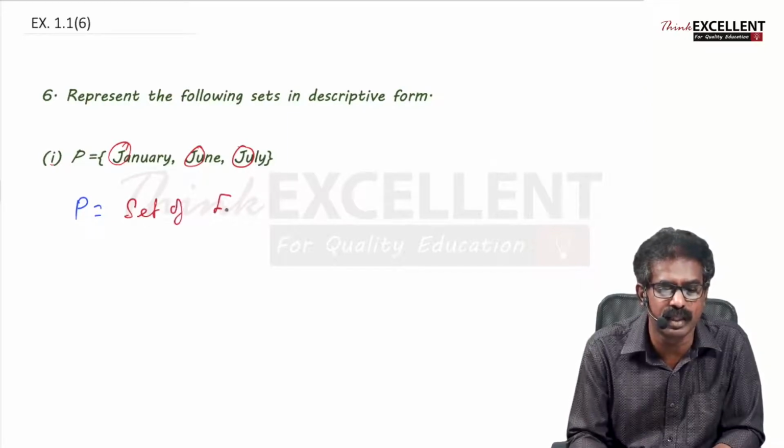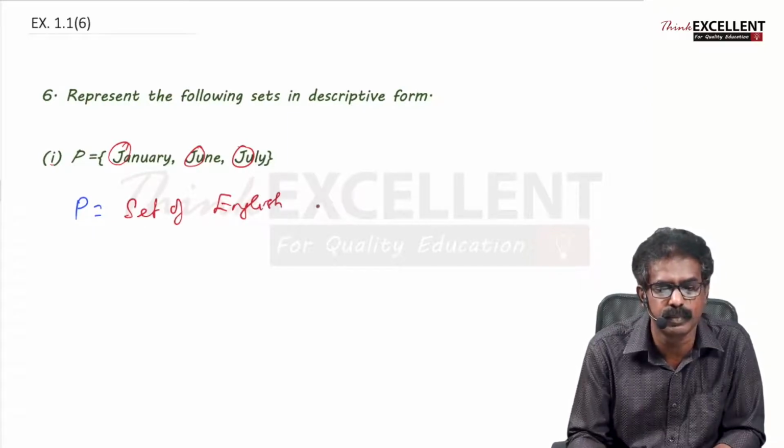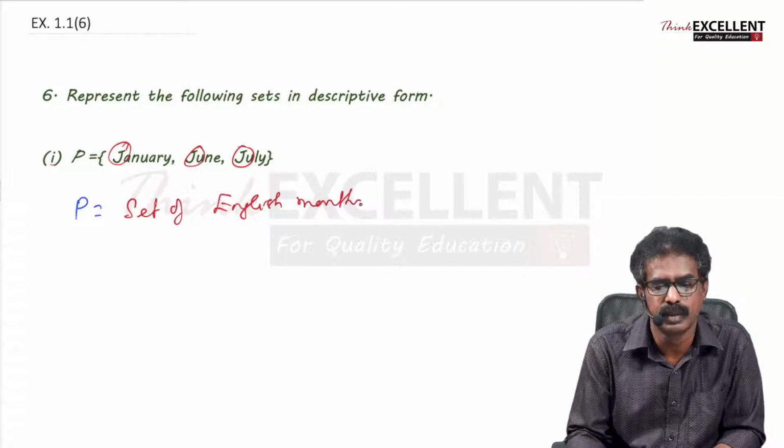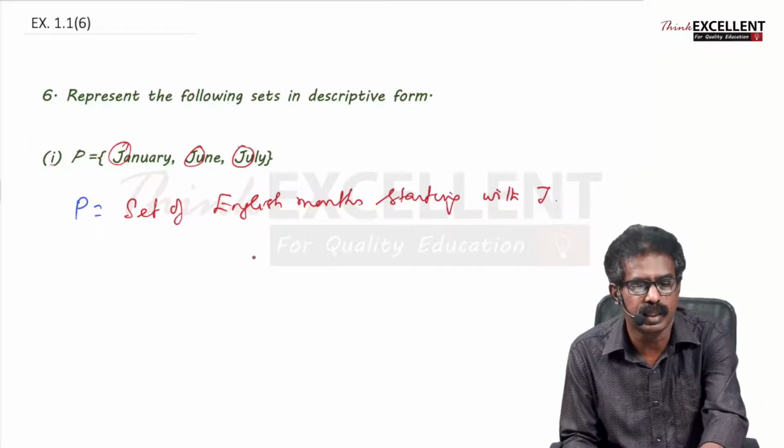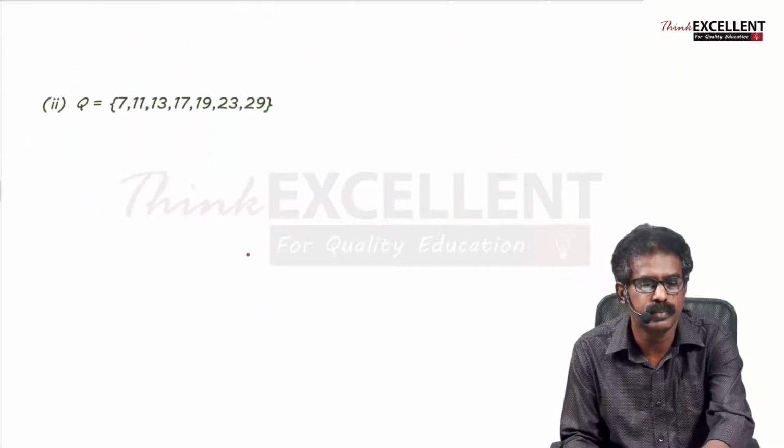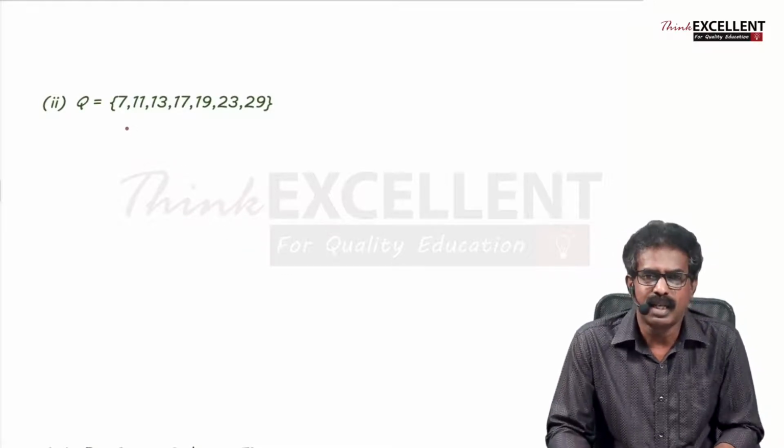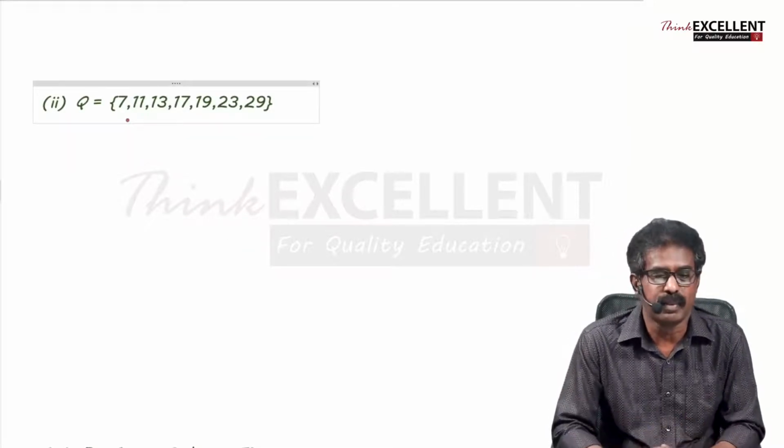Set of English months starting with J. Now see the next one. See the numbers. It is given in roster form, right?